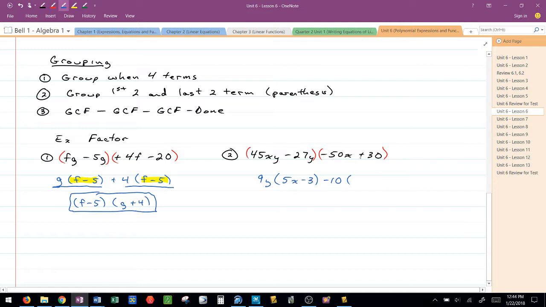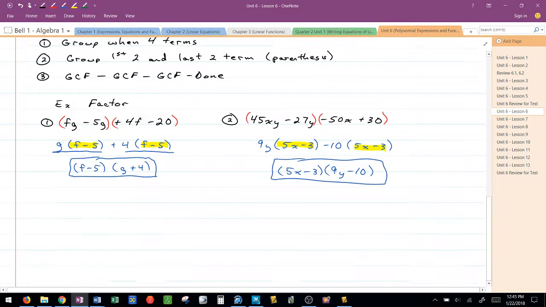When I divide that out of each of those terms, I'm left with 5x minus 3. So notice once again, because those are the same, I can now do this final step of GCF. I have a GCF of 5x minus 3. I divide each term by that, and I'm left with 9y minus 10 for the other factor.